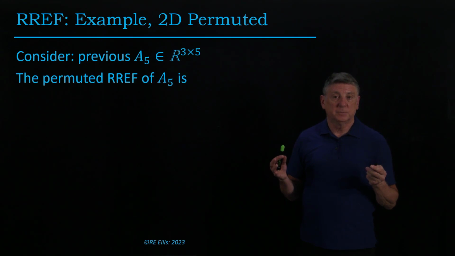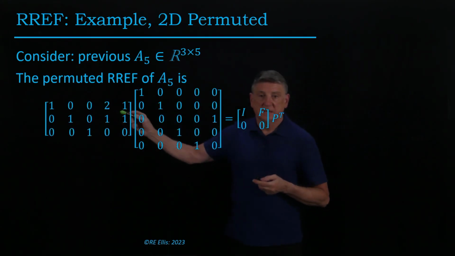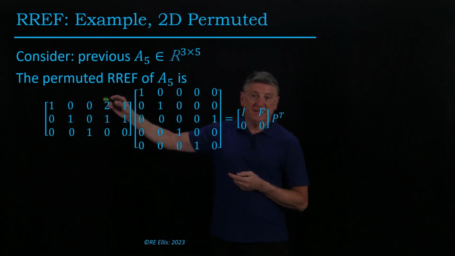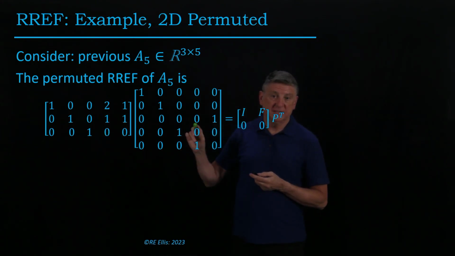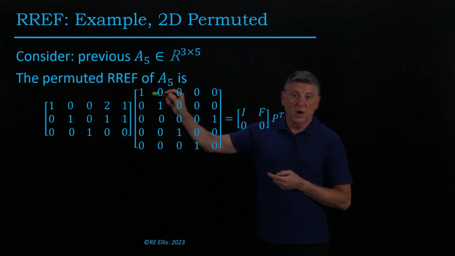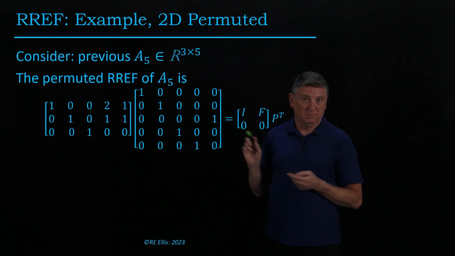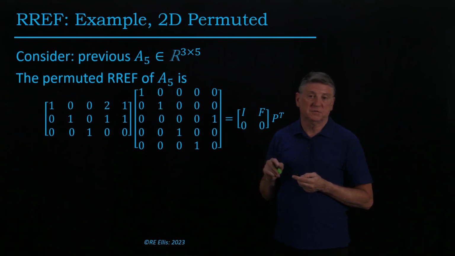What this looks like in the permuted form is this. Now this part is the identity matrix, and F is a 3 by 2 matrix, and then this is the permutation that accomplishes the 1, 2, 5, 3, 4. This has this standardized form where here we just don't have this block of zeros.